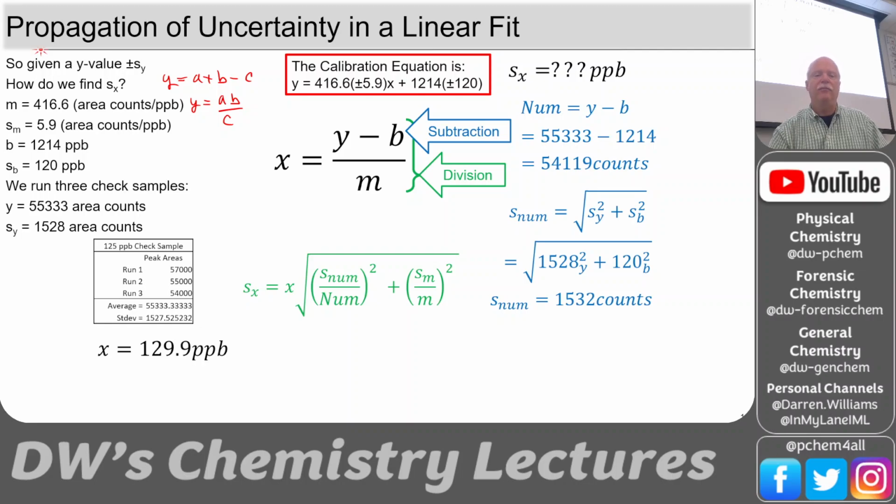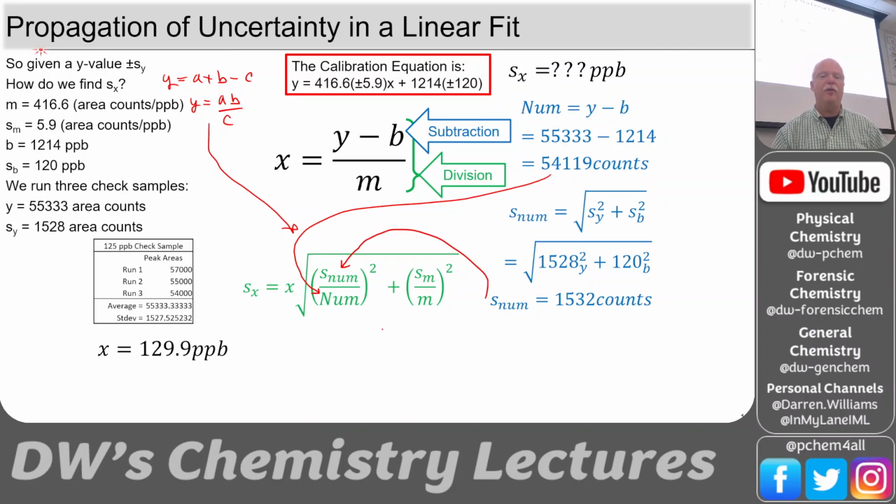Now with the products and quotients one, we calculate this. But notice how we're using the numerator and the S numerator, not Y and SY. So this S numerator goes here. That's the RSD for the numerator. And then we have the M, which is the denominator.